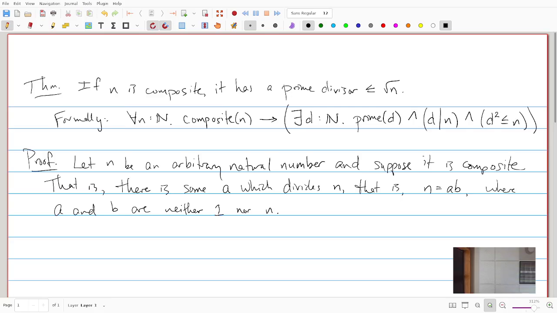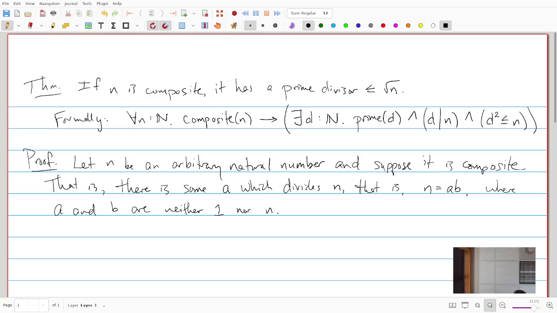So A or B might be good candidates, right? Because A and B are, of course, divisors of n, so they already fulfill this property. But we don't particularly know how big they are, and we also don't know if they're prime. So let's tackle this property next.